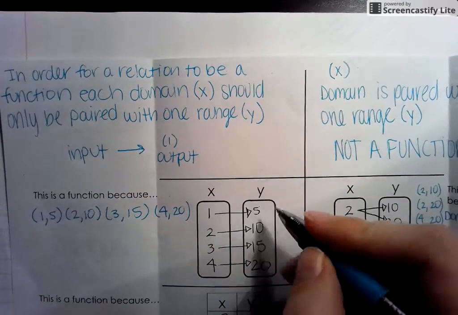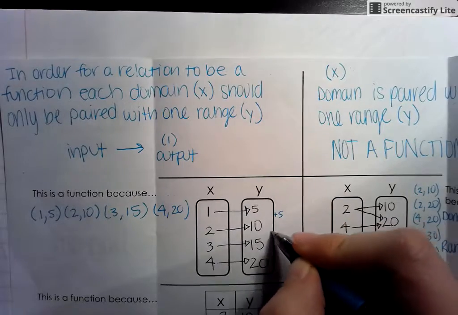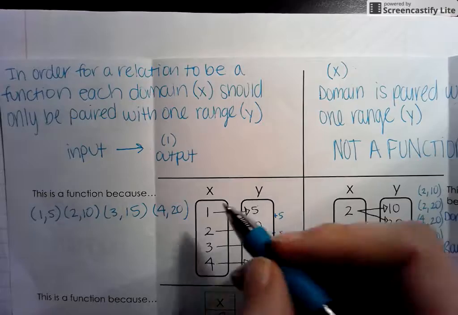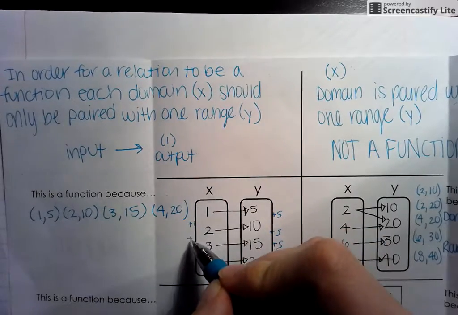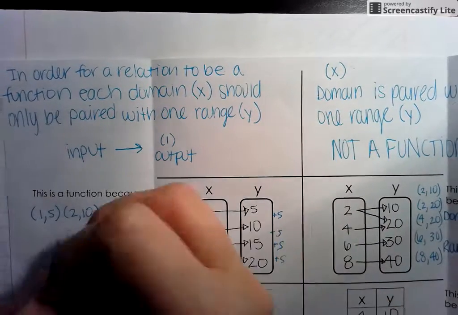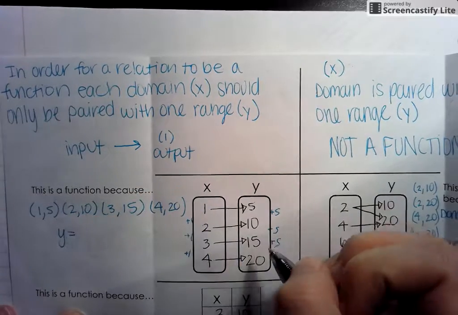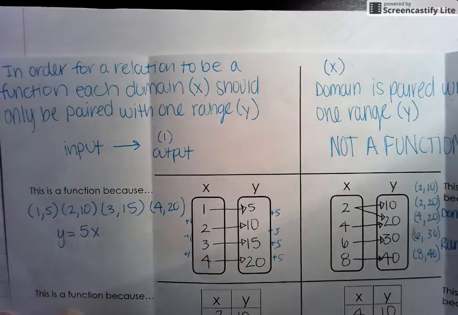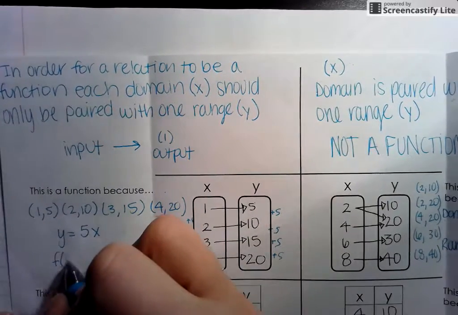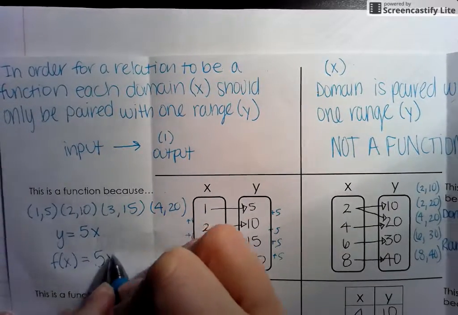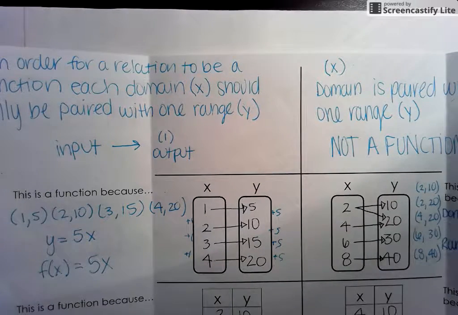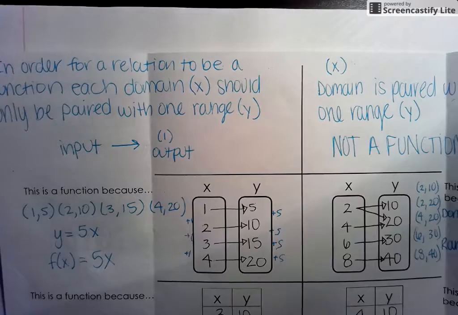This is going up by 5, up by 5, up by 5, up by 5, and the inputs go up by 1, up by 1, up by 1. So this function would be y equals, it's always our y over x, so 5x. So you would write that as a function, f of x is equal to 5x. That's something that you'll start seeing, and you'll see it in function notation.